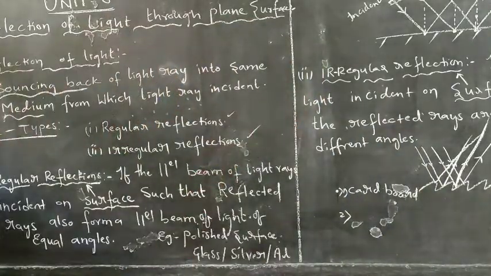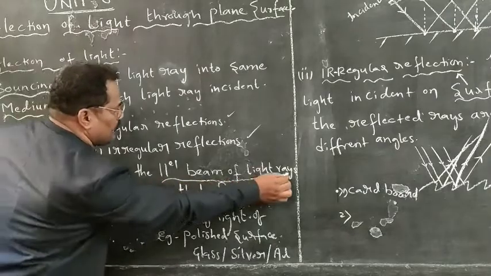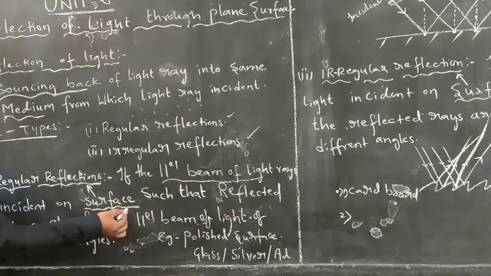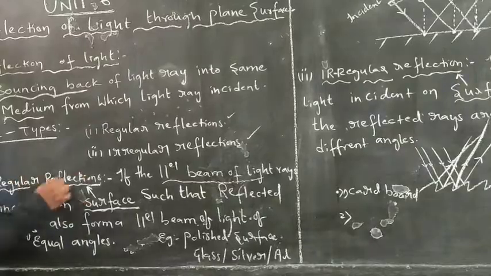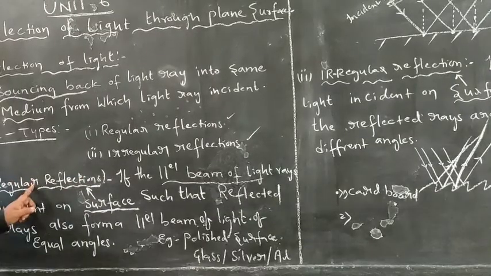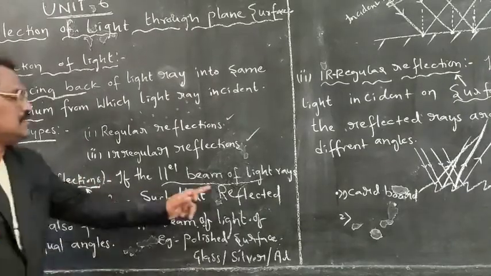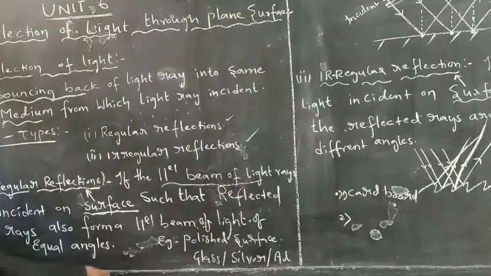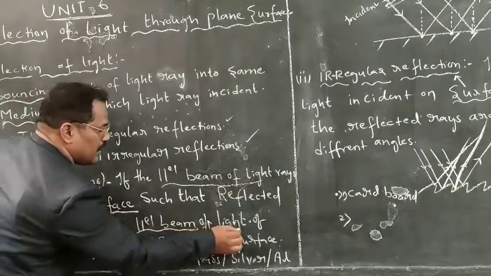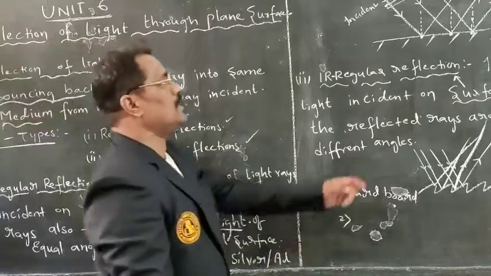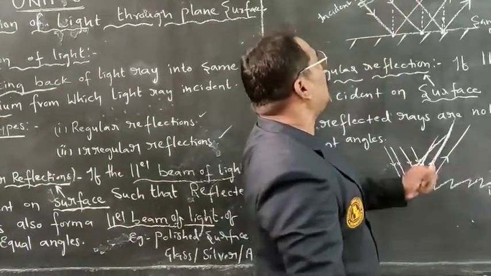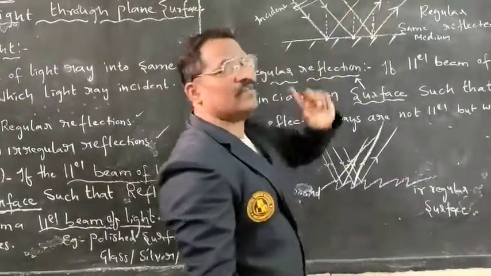Definition of regular reflection: if a parallel beam of light rays is incident on a regular surface, such that the reflected rays also form a parallel beam of light rays. See here, these are parallel beam of light rays. These are also parallel beam of light rays.